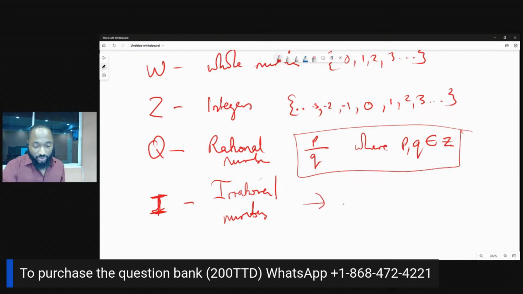What we need to know is examples. Pi is an example of an irrational number. Not 22 over 7. 22 over 7 is rational. 22 over 7 is just an approximation we use for pi. 3.14 is also an approximation.